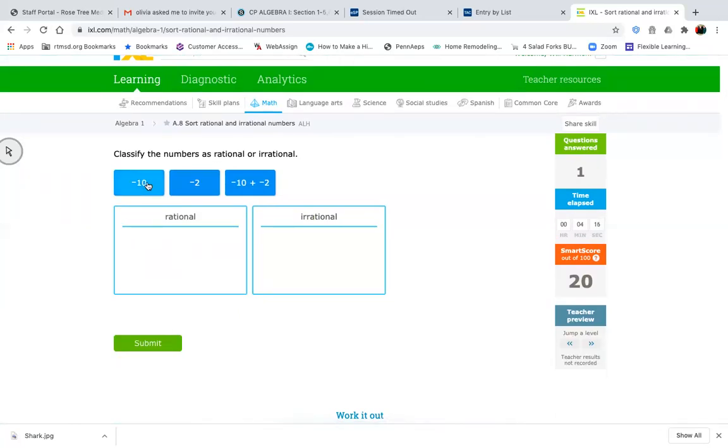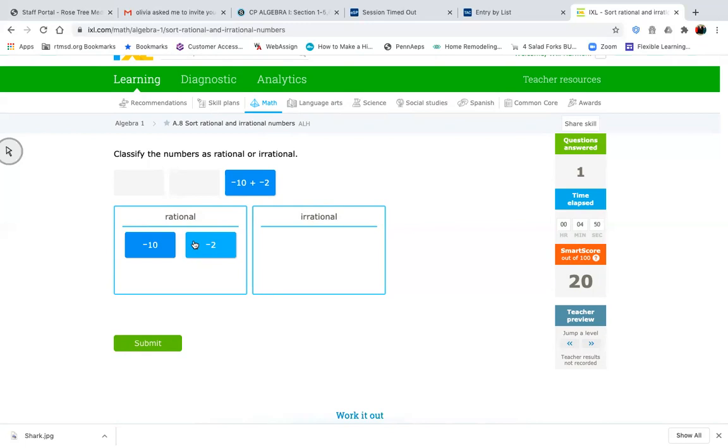Julie, what about -10? Rational or irrational? Very good. And what about -2? Somebody said rational, so what about -10 plus -2?